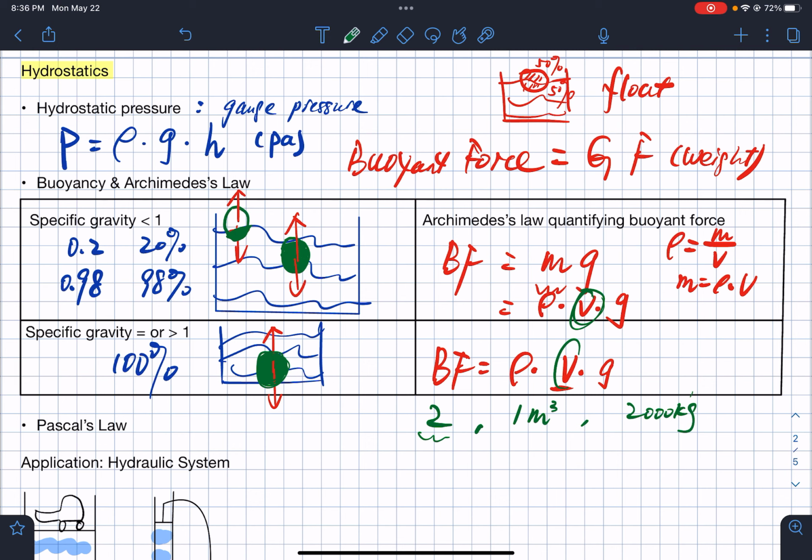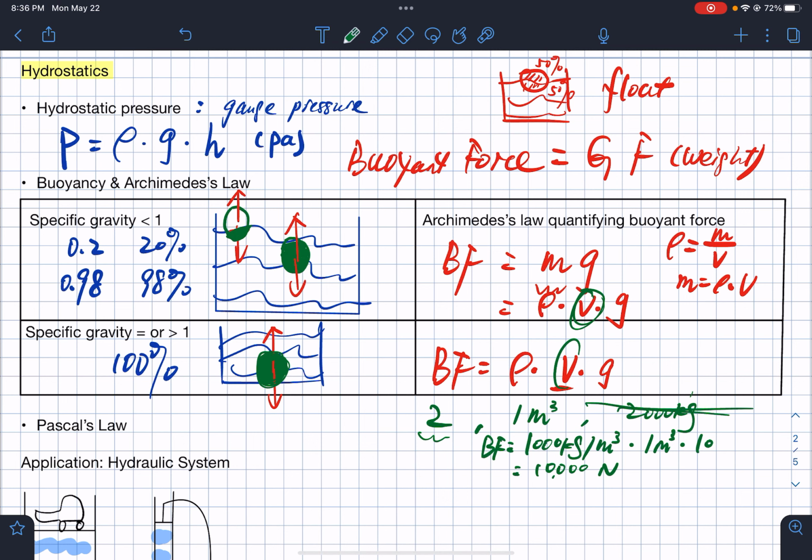I also know that the density of water is 1,000 kilograms per meter cubed, times the volume of the water displaced, which equals the volume of the whole ball because it is wholly submerged, so 1 meter cubed, times g, which is 10. That gives me 10,000 Newtons.